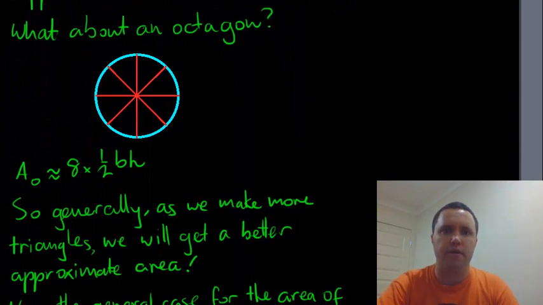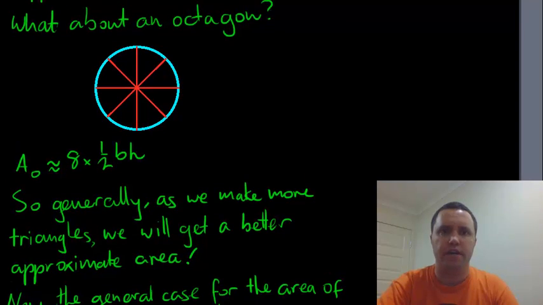If we scroll down, what about an octagon? What if I divide my circle up into an octagon? I want you to imagine that there's lines coming across here and here and here and here, making a terrible octagon. But you can see that even though it's still an approximation, it's a better one.